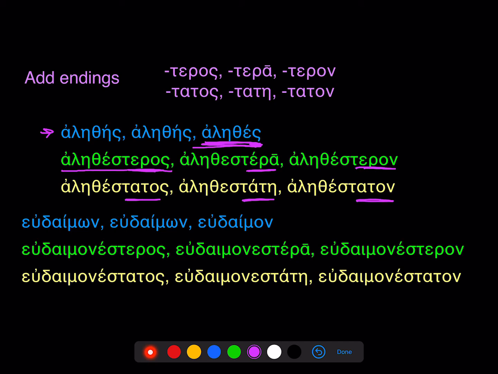So alethesteros, alethestatos. If you have an adjective whose stem ends in a nasal, then you actually add epsilon sigma to it and then the endings. So eudaimonesteros, eudaimonestatos. And in fact, eudaimon is the only adjective we know so far whose stem ends in a nasal.